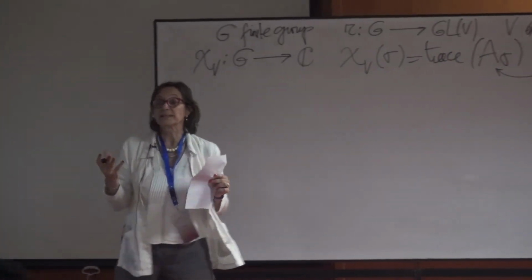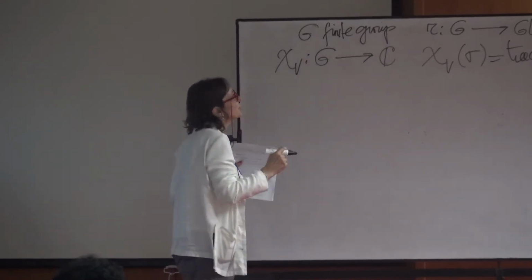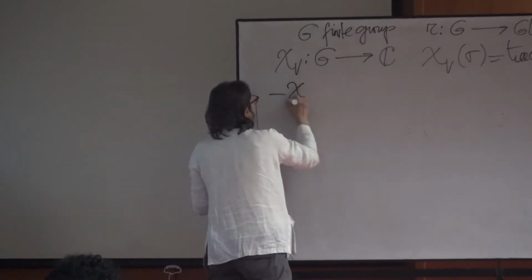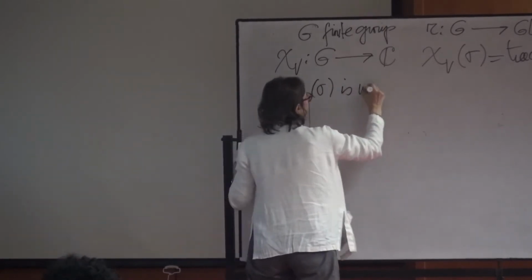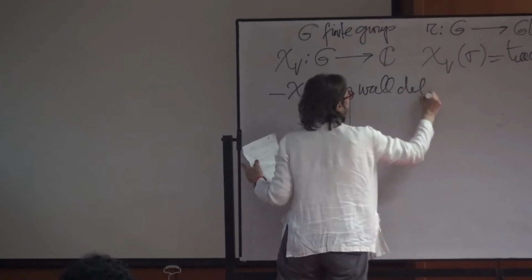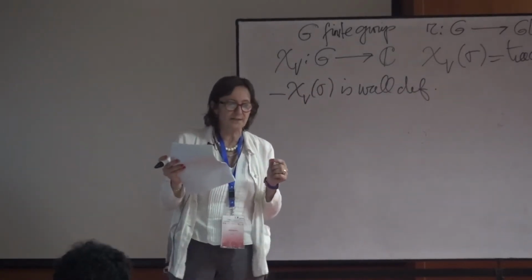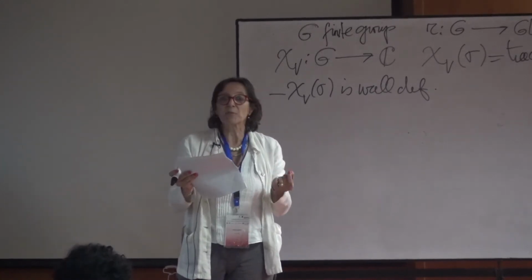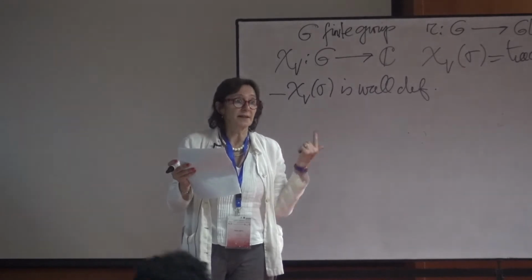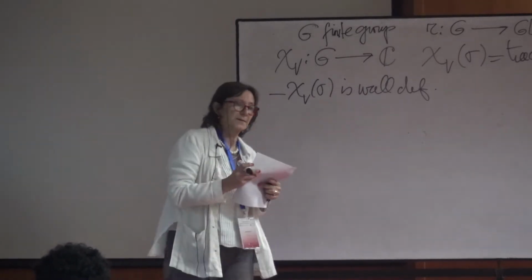So just by its definition, we see that chi V of sigma is well defined, because recall that any two representative matrices of an element sigma are conjugated in GL(V), so they have the same trace, right?